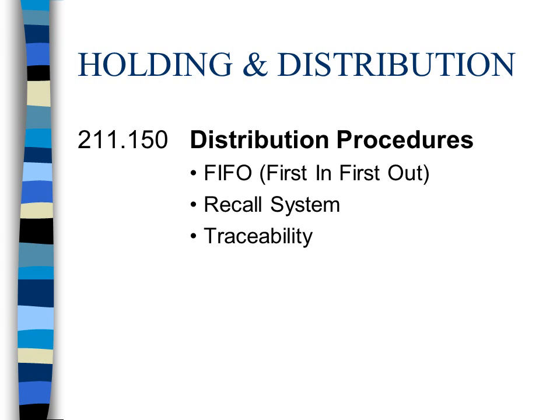Our distribution records and distribution procedures. We want to go with the FIFO, which is first in, first out. So as you are loading your vehicles, look for the oldest lot code gas first.